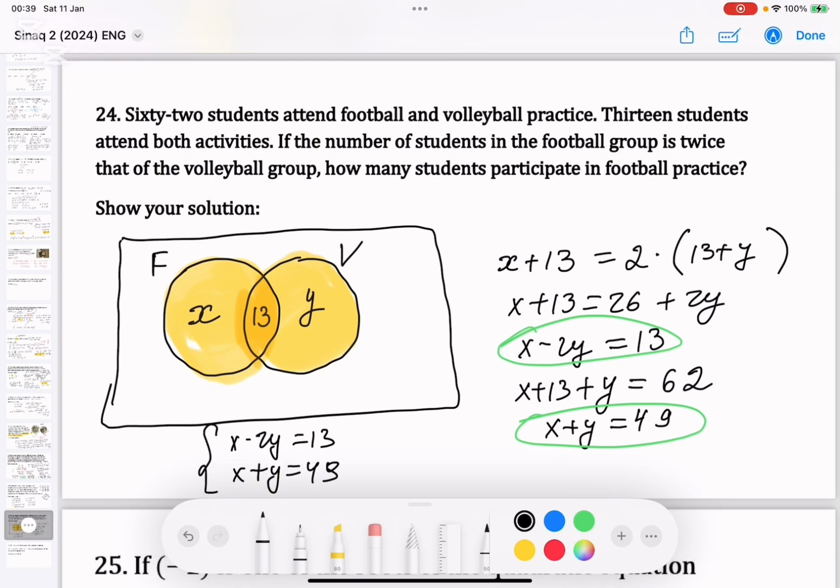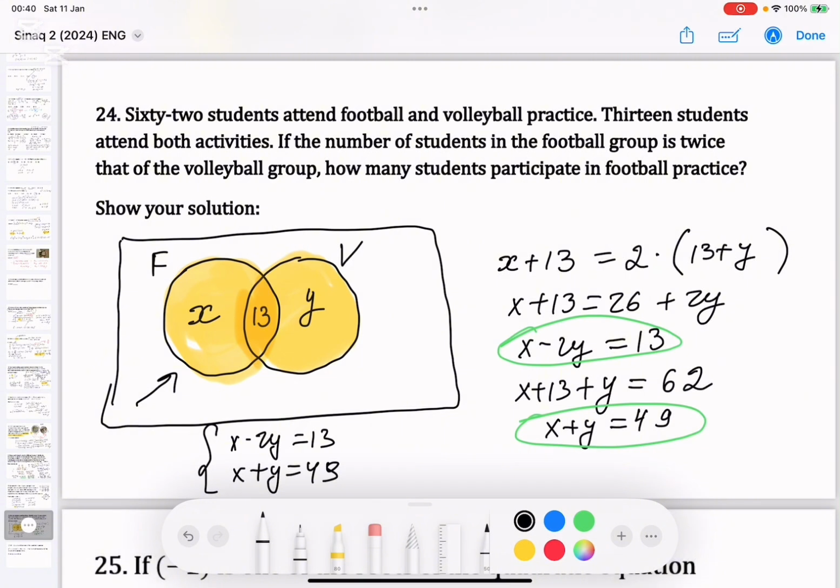Let's see what they ask us to find. How many students participate in football practice? Since we're looking for football practice participants, it would be enough to find just x. Okay, let's first find y because it's easier right away and we don't need to multiply by anything here.